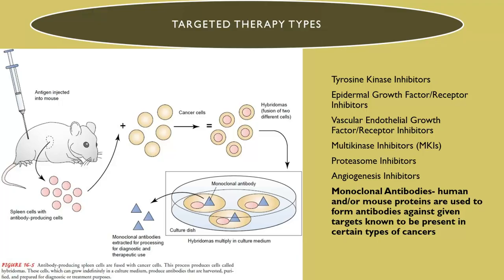So when we look at targeted therapies, the biggest thing that I think of is of course your tyrosine kinase inhibitors. That's your immunomodulator, a growth factor inhibitor, stopping the growth of the cancerous cells. But the big one is your monoclonal antibodies.